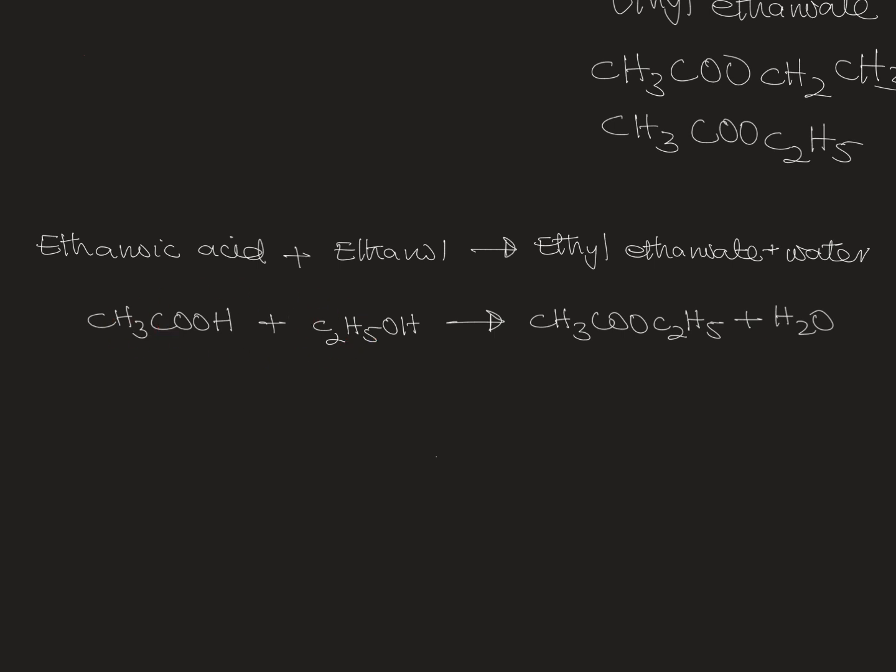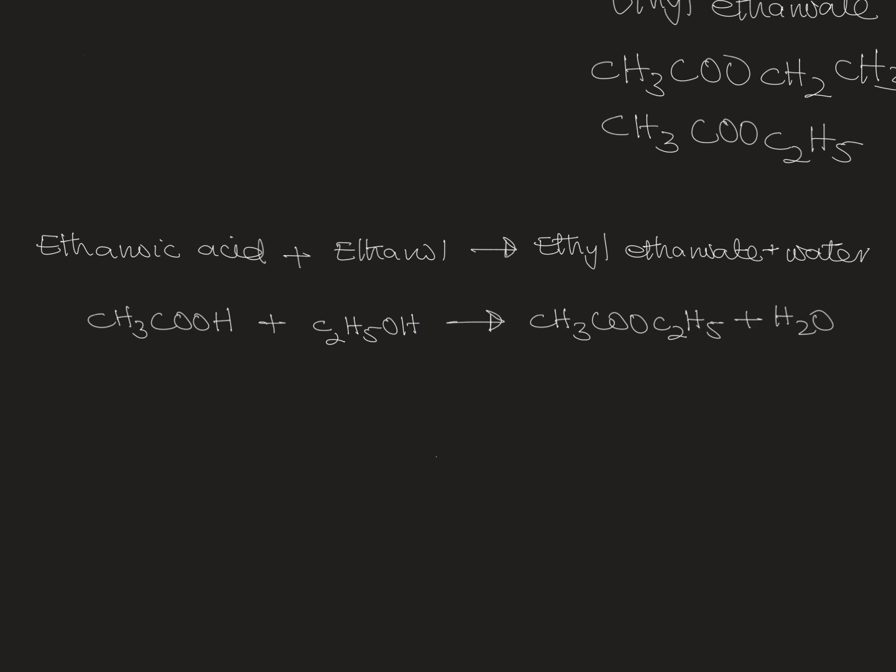So how many carbons do we have here? 1, 2, plus these 2, making it 4. Do we have 4 carbons here? This is 1, 2, 3, 4. Carbon is balanced. How many hydrogens? We have 3 here, plus 1, 4, plus 5 is 9, plus 1, making it 10.